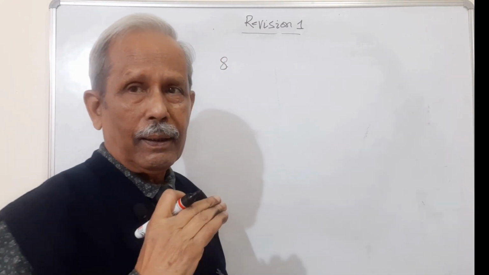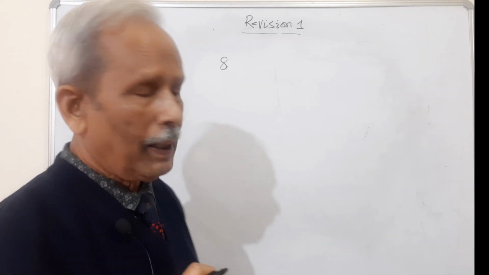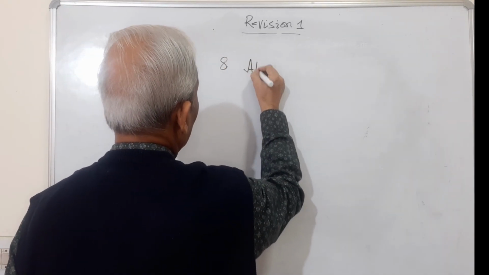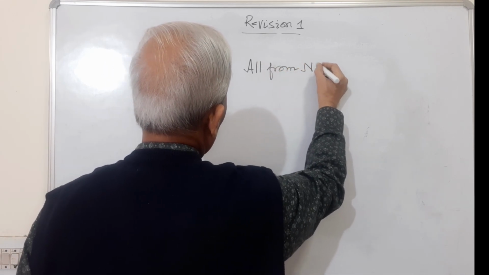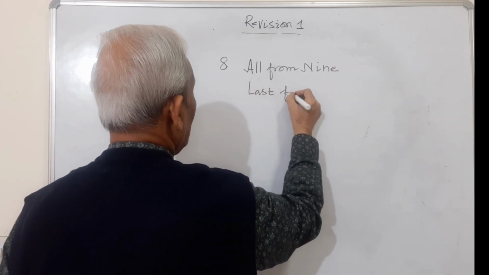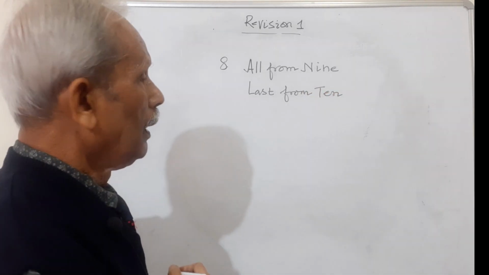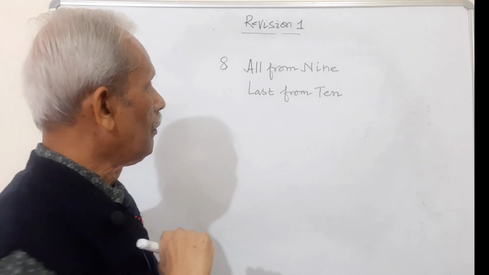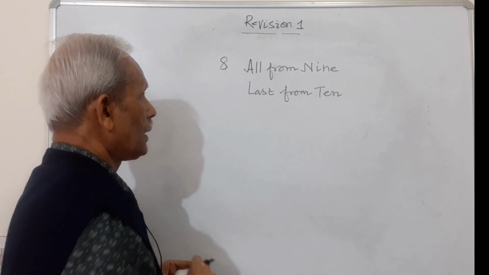First, a reminder: for finding the complements, another sutra is applicable, known as all from 9, last from 10, which in Sanskrit we call Nikhilam Navatashcaramam Dashatah. You will see it in the list of the sutras that I have already given you. All from 9, last from 10.